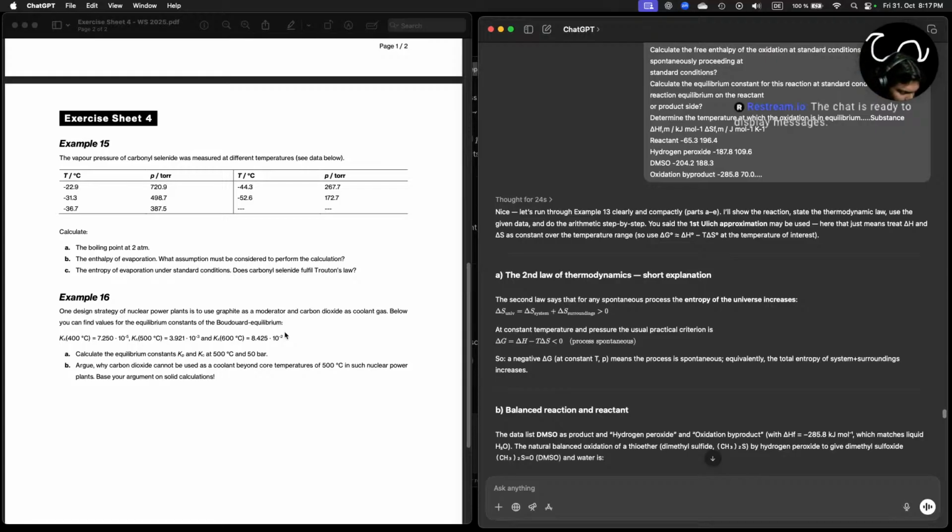I did not see the change to example 14. Okay, example 15. Oh, example 15 was pretty small. Well, let's start.